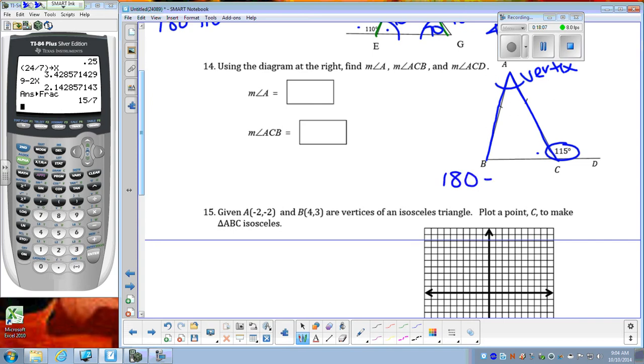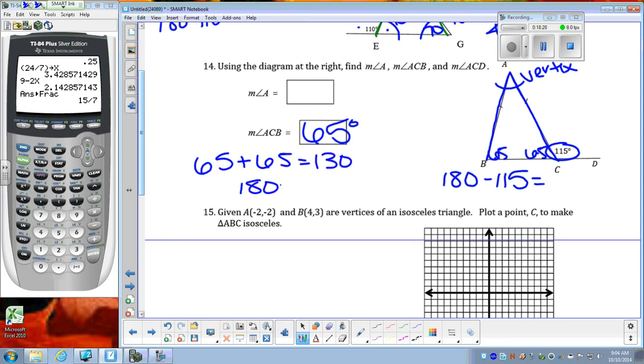So to find ACB, I do 180 minus 115, and that is 65. So ACB is 65 degrees. Well, I know angle B would also be 65 degrees. So to find angle A, I do 65 plus 65, which is 130, and then subtract that from 180 to get that angle A is 50 degrees.